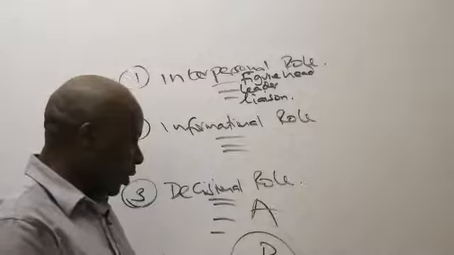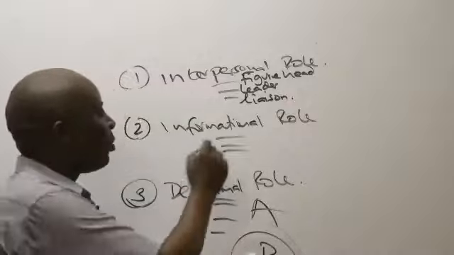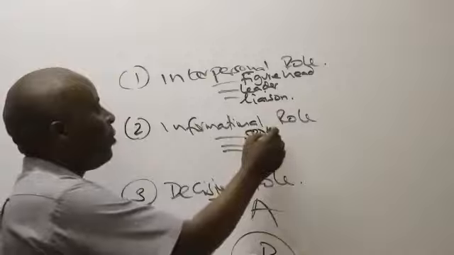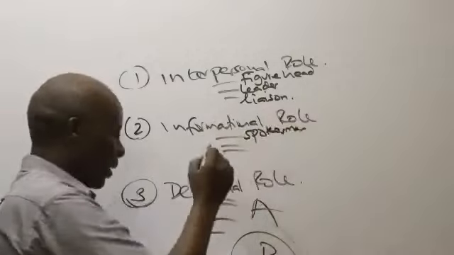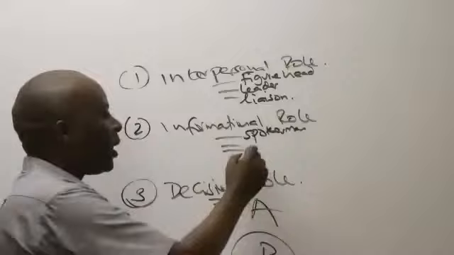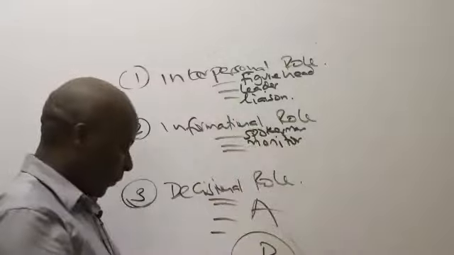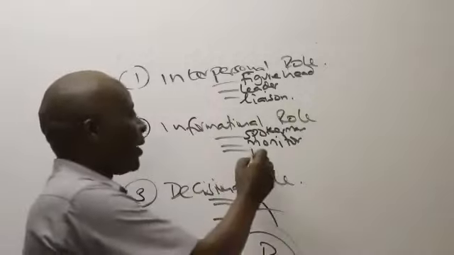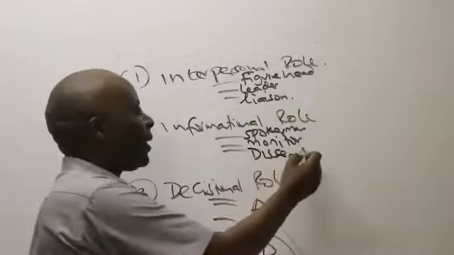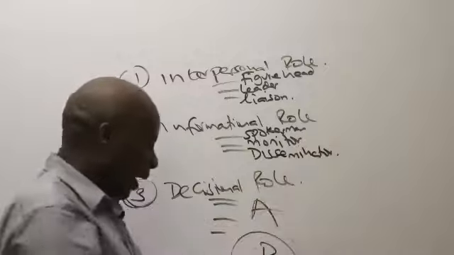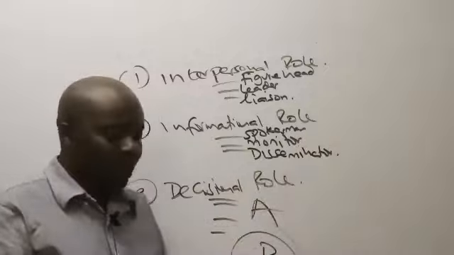How about informational? Informational to kona spokesman. We have, in this case here, monitor. Kama monitor wa darasa, and then you report. Alafu tuko na disseminator there. Disseminator like that. How about decisional roles?